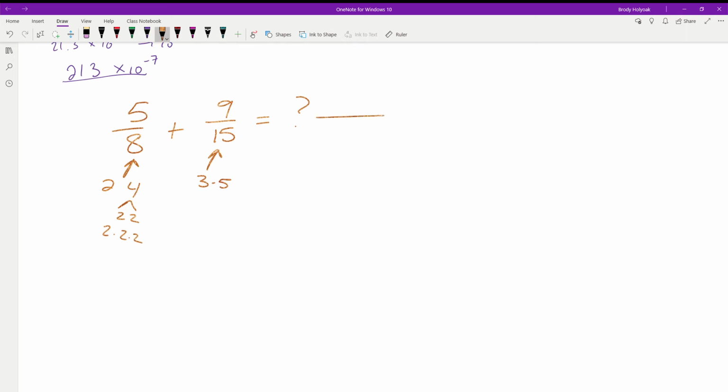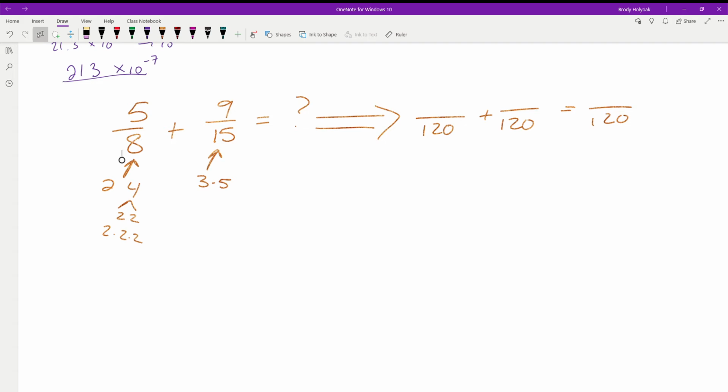So we need to convert this, and it's going to give us some answer over 120. For the 8, what do we have to multiply by to get 120? The 15.